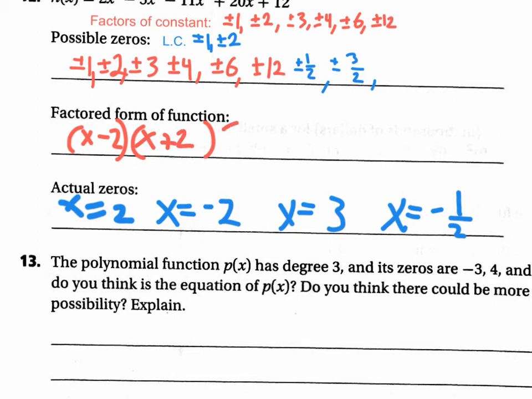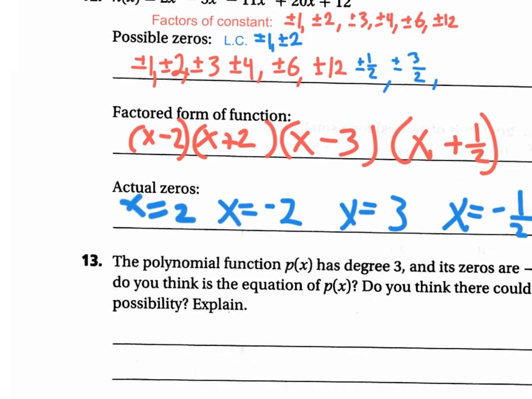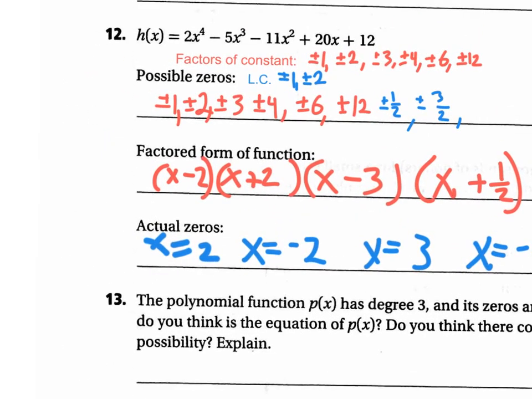And if we keep going, the x equals 3 came from x minus 3 inside parentheses, and the x equals negative half came from x plus 1/2. And this is all your h of x function. So you would put h of x equals right in front.